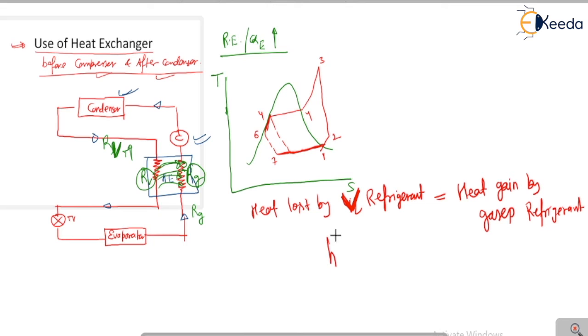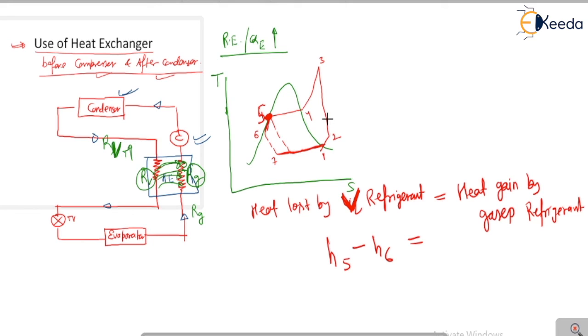this H5 minus this H6 is just equal to H2 minus H1.